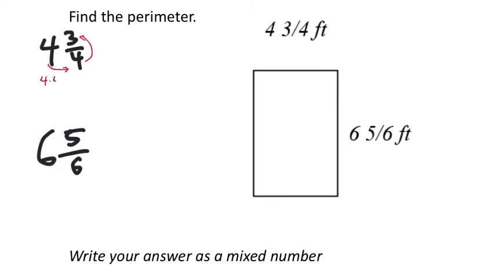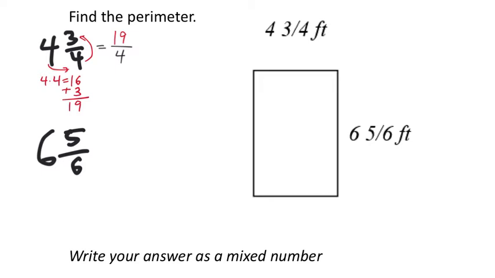So that'd be 4 times 4 first, which is 16. And then I'd add the numerator of 3 to make that 19. So as an improper fraction, 4 3/4 will keep its denominator of 4, but its numerator now is 19. So it's the same value, just a different look.